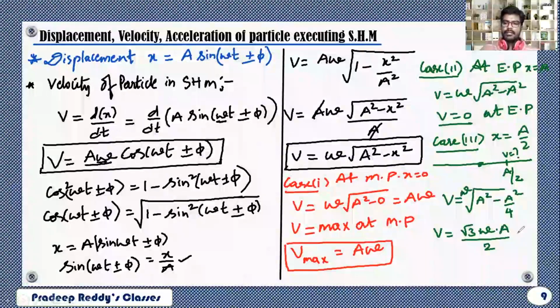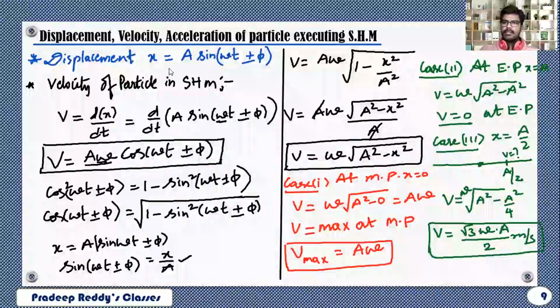This is velocity and it is in meter per second or centimeter per second. This is the equation for velocity of the particle when it is at half the distance between mean position and extreme position. This is the way you can determine velocity of the particle executing simple harmonic motion.